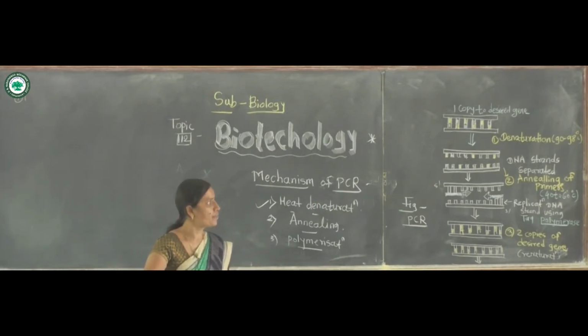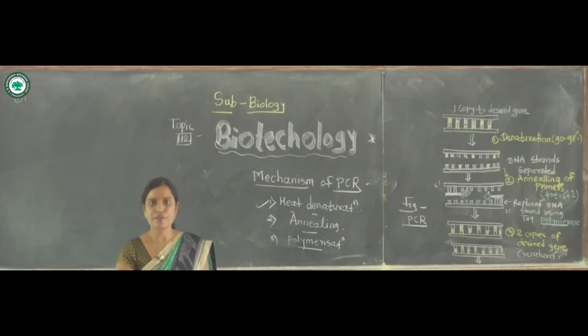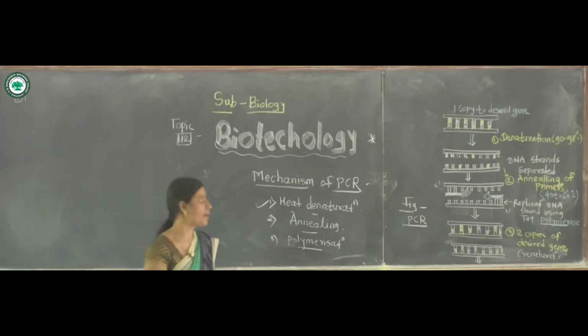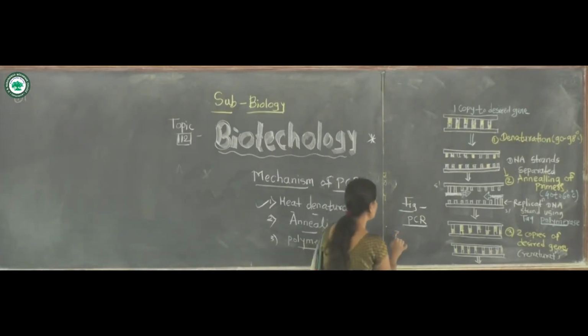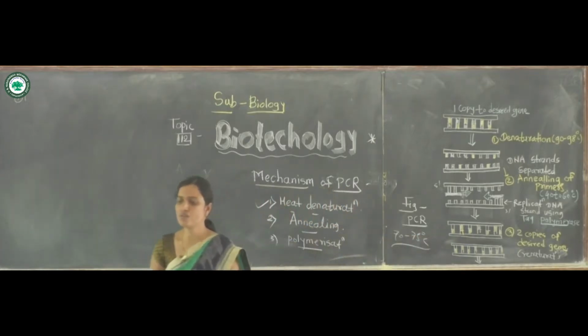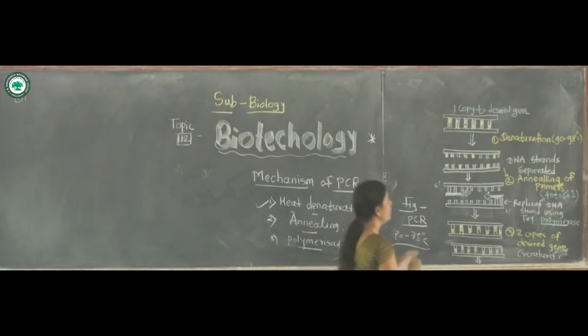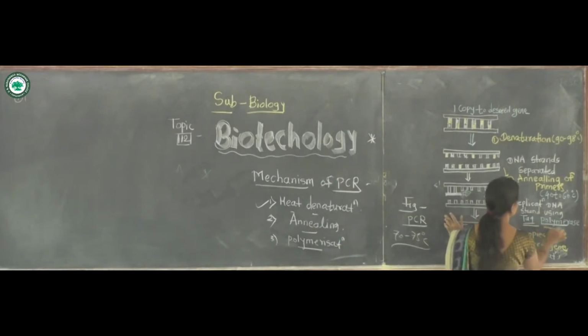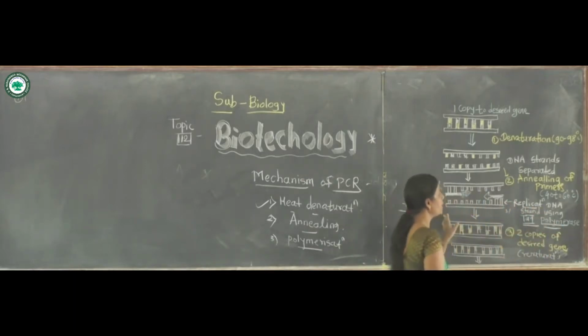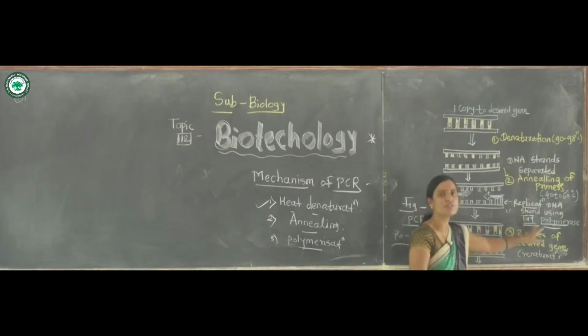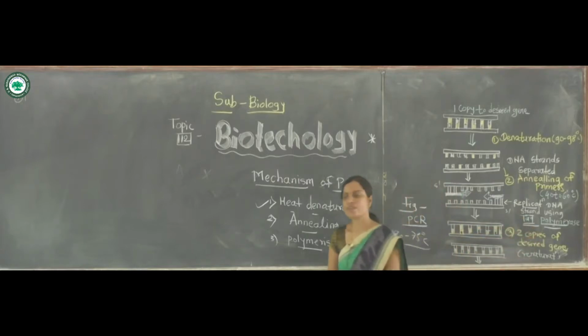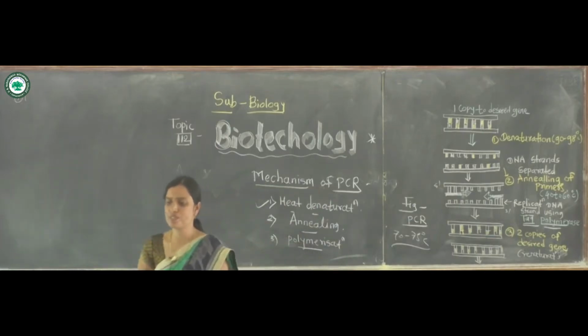In this step, the replication of DNA strands takes place at a temperature of about 70 to 75 degrees centigrade, and a thermostable enzyme is used for this step, the Taq polymerase. For the replication of DNA strands we use the Taq polymerase enzyme. This Taq polymerase enzyme is the most important.